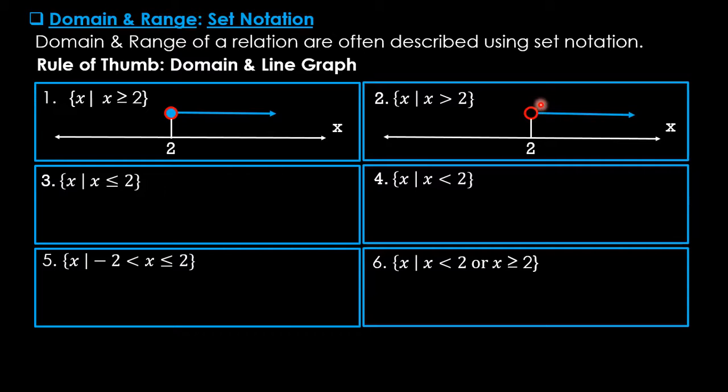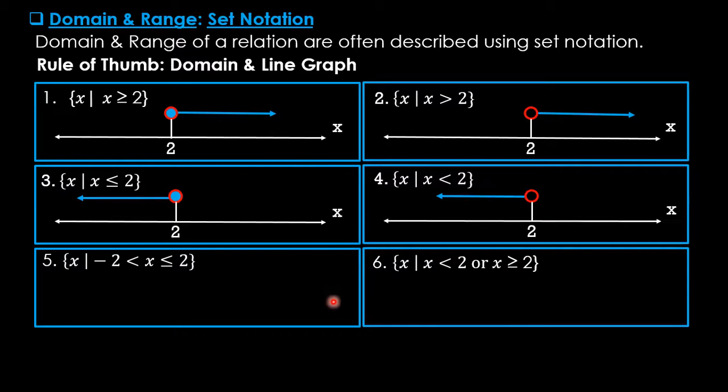That's why this point is not a solid circle. So this is empty, and we draw the line from just outside this point, in the positive x direction. This is x less than or equal to 2, same concept, solid circle, but we are going in the negative direction of the x-axis because it is x less than or equal to 2. Same concept here, x less than 2, not a solid circle, but in the negative direction of x.